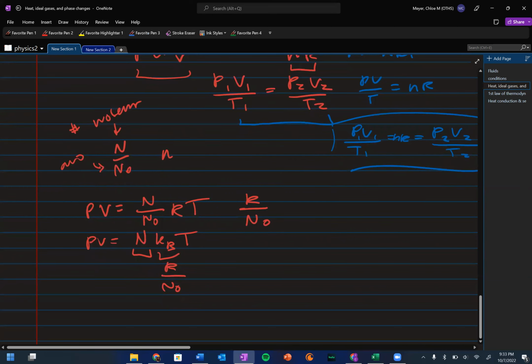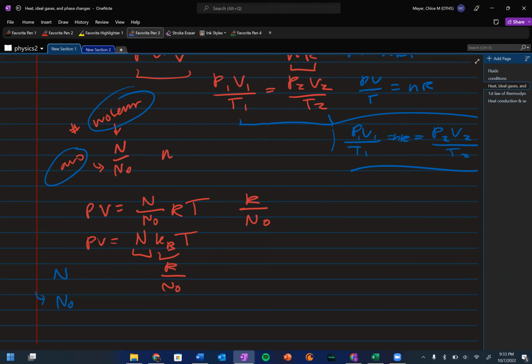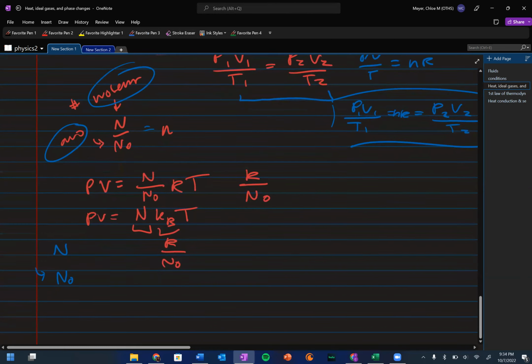There's actually this thing called Boltzmann's constant. It's this guy, since n-naught is moles, and N is molecules, so Avogadro's number is going to be Avogadro's number. So as you can see here, that equals N, but sometimes you'll just be in particles and you just can't get moles.